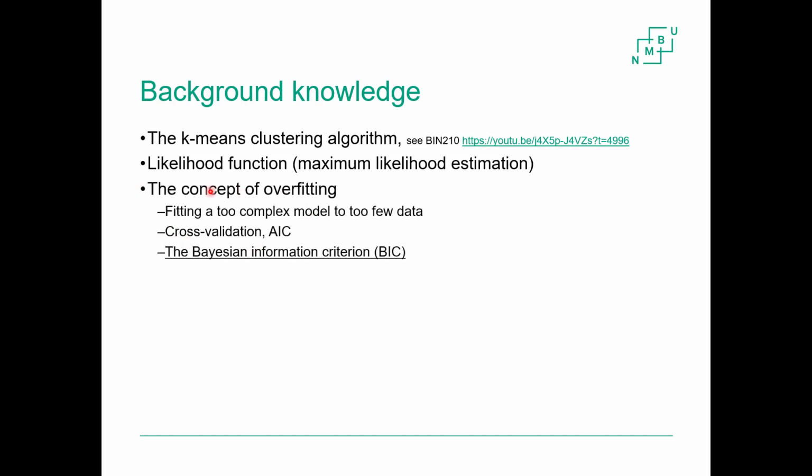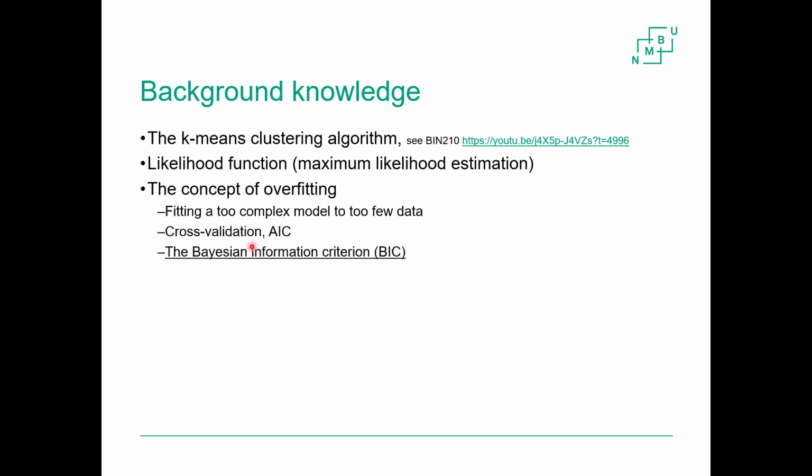And also this concept of overfitting is quite important. I will not dig into it here, but it's mentioned in this paper. Those of you who have taken courses in data science will know what I'm talking about here. It's about fitting a too complex model to too few data. That's the problem of overfitting. And there are many ways to avoid this.